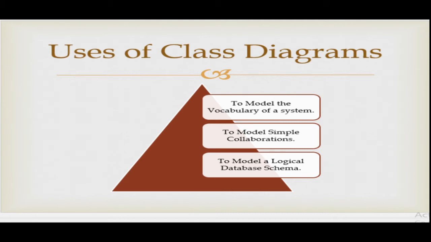The second is to model simple collaborations. A collaboration is a society of classes, interfaces, and other elements that work together to provide some cooperative behavior that's bigger than the sum of all the elements. For example, when we are modeling the semantics of a transaction in a distributed system, we can't just stare at a single class to understand what's going on.